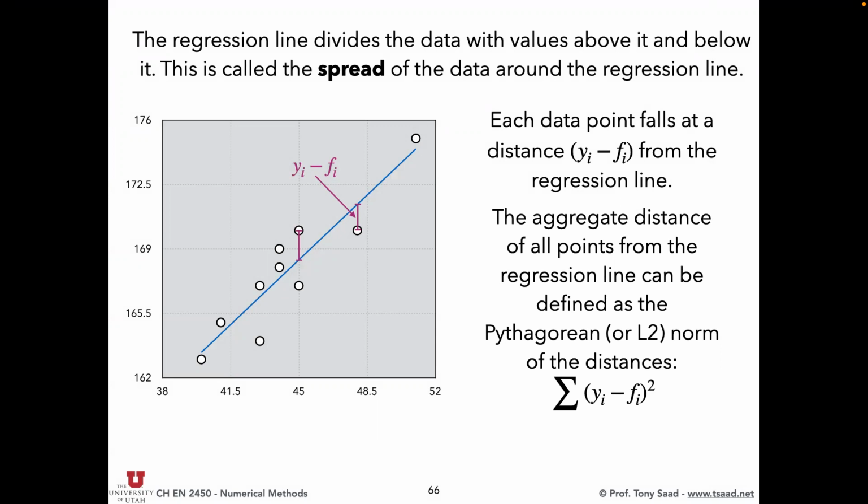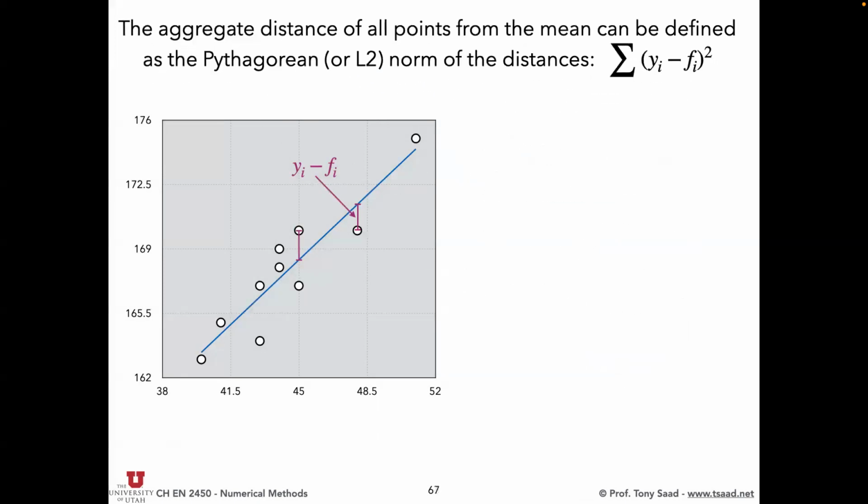Now remember, when we were dealing with the mean, we had yi minus y bar, and y bar was a constant value for all of those points, because it was just the mean value. But right now, for each value, you have a prediction, which is this fi prediction by the regression line. So together, all of those distances form a vector, and the norm of that vector gives us a sense of the average distance of those points from the regression line.